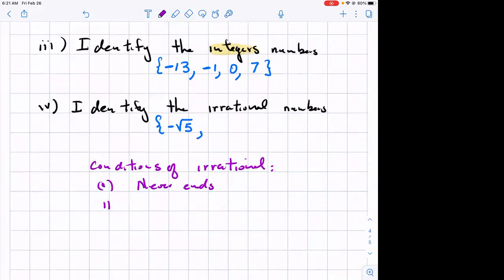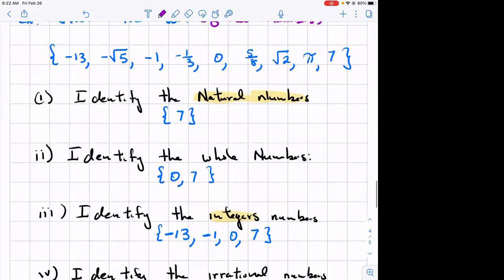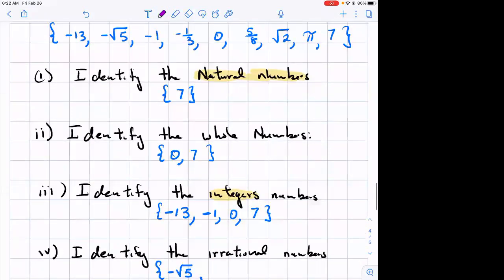Condition 2: digits do not repeat. Digits do not repeat consecutively. So if you look back at our list, 1/3 repeats. 0 ends. 5/8 will end.